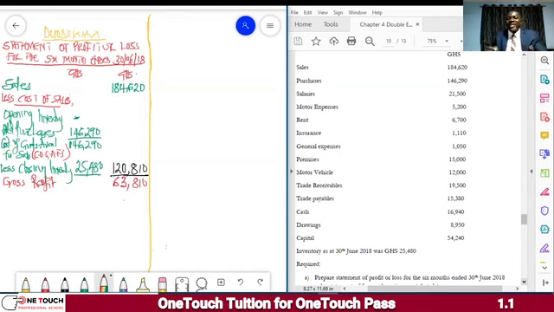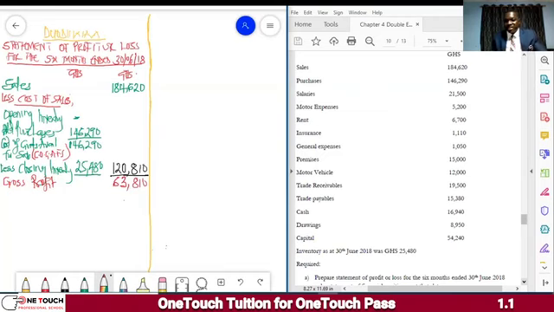Now let's deduct our expenses. Assuming there were other income, maybe discount received, or if you have disposed some assets, you would have added, but that is for an advanced level. This time we are just looking at how to prepare simple profit and loss statements. So there is no other income.